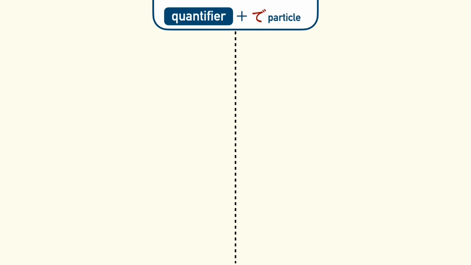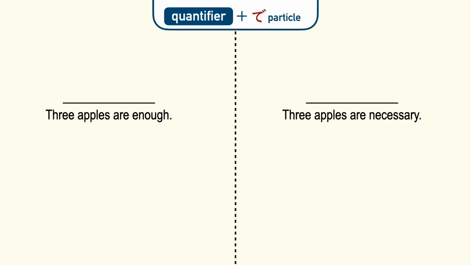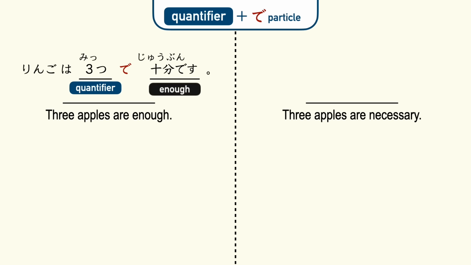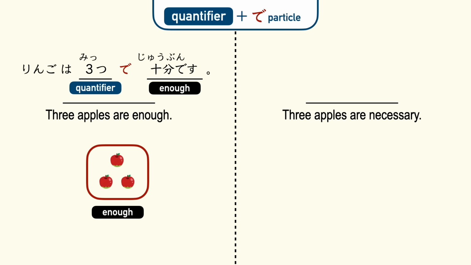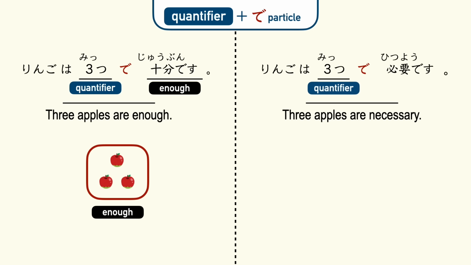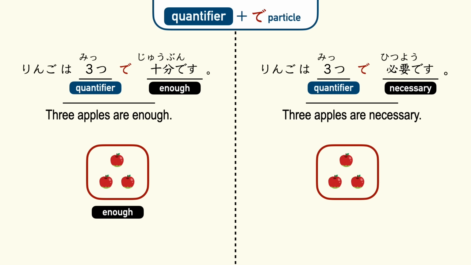Now let's look at these two sentences. 3 apples are enough, and 3 apples are necessary. Let's say you're trying to make an apple pie, and how to say these sentences in Japanese. 3 apples are enough. リンゴは3つで十分です。This is correct. 3 apples are necessary. リンゴは3つで必要です。This is actually wrong.